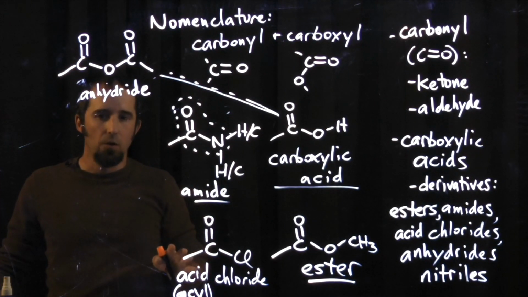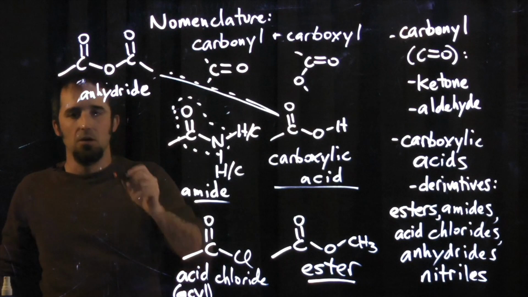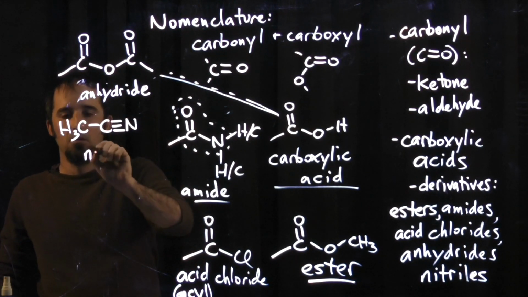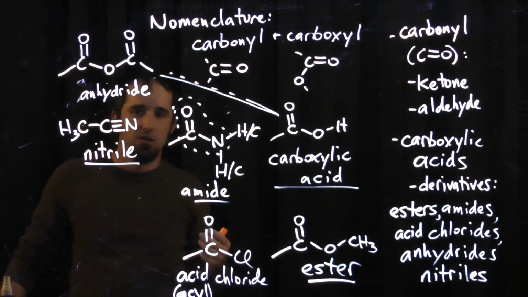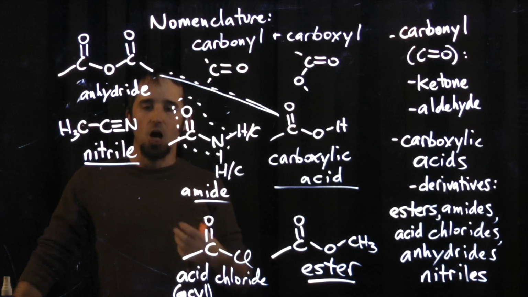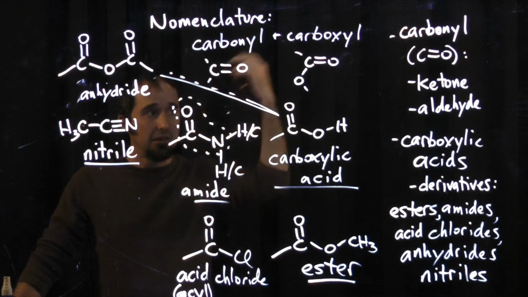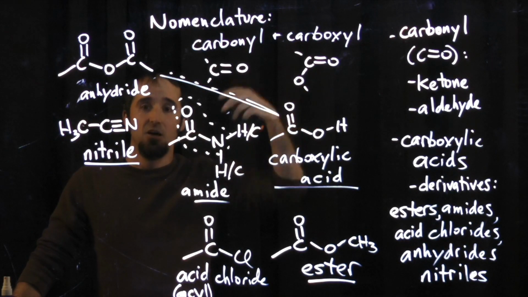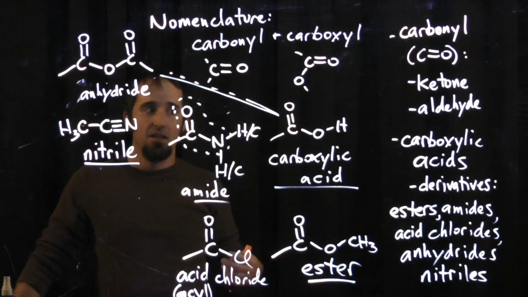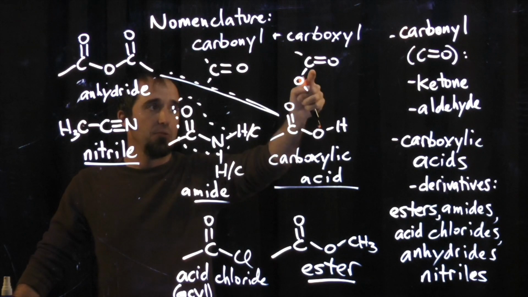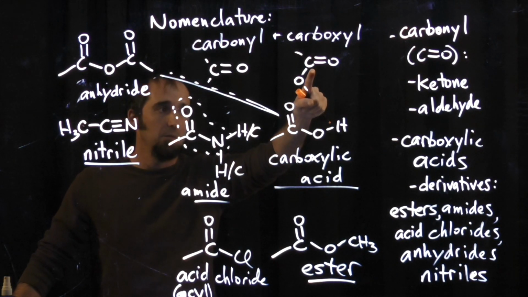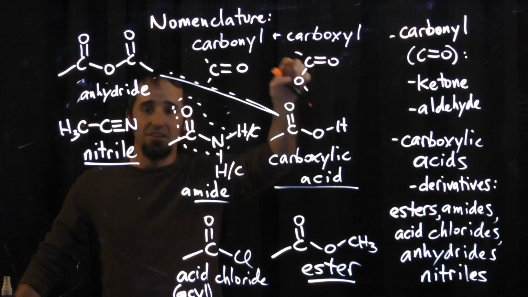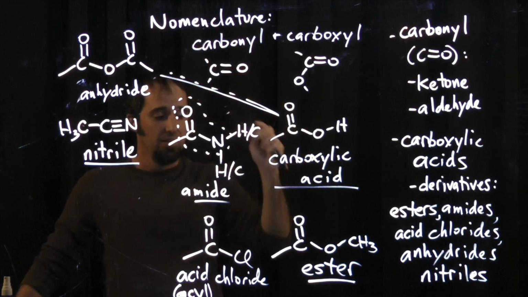So there's one more I want to talk about, and it doesn't look like it belongs. This is a nitrile. So nitriles have a carbon with 3 bonds to nitrogen, right? So it doesn't look like a carboxylic acid, but it shares the fact that it has 3 bonds from carbon to some electronegative atom. And really, you can say that about everything on the board, right?